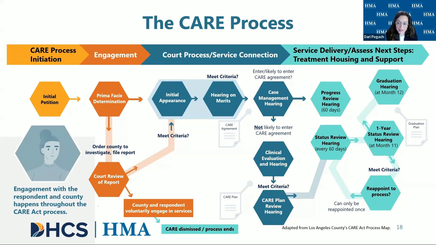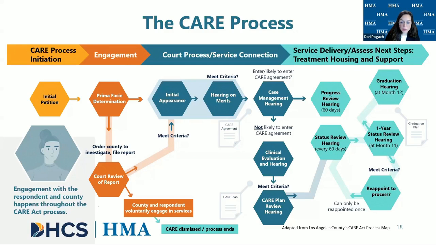Ideally, a person can consent to treatment, housing, support. But what we're talking about, of course, in this presentation is informed consent, which includes an assessment of capacity of that individual to provide informed consent. That's going to come into play in 3 parts of this process: the case management hearing, the clinical evaluation and hearing, and the care plan review hearing.